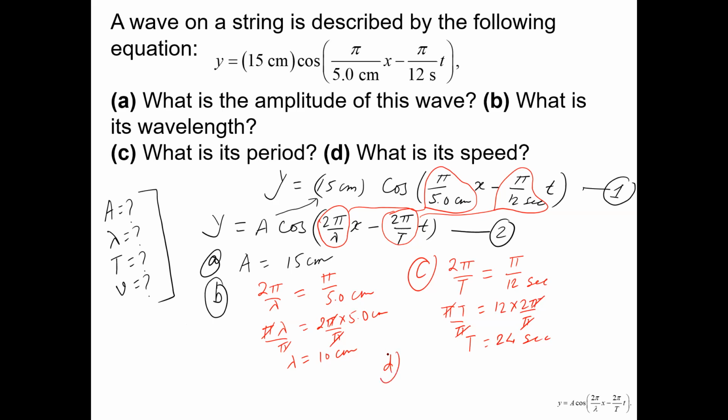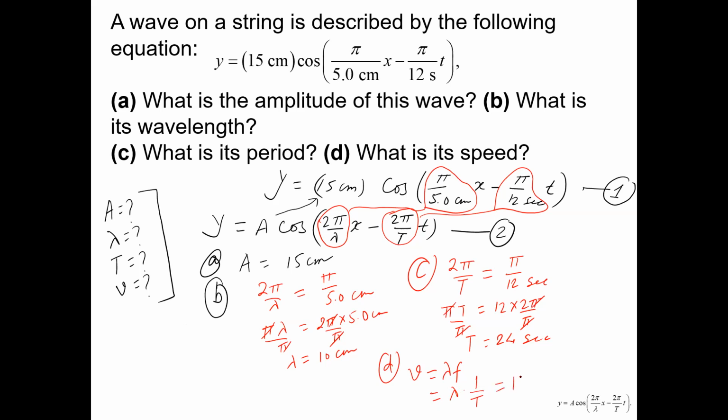Now in D, you have to calculate the wave speed. You have the equation v = lambda times f. I already calculated lambda, which is known. I don't have the frequency, so I can relate frequency to the time period: frequency is equal to the inverse of the time period, 1 divided by T. So substitute all these values.